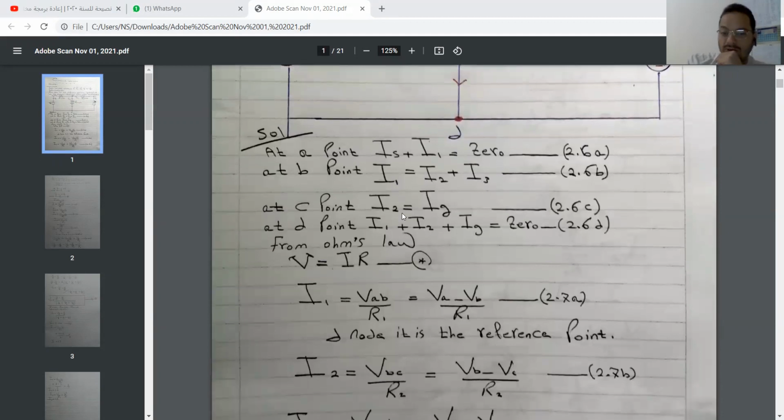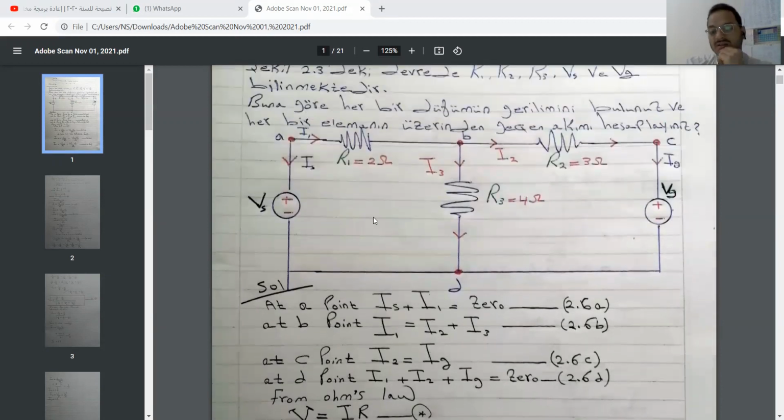By using Ohm's law, let's calculate the equation for all of these currents. Let's start from I1. From Ohm's law, V equals current times resistance. That means the current here equals the potential difference between A and B divided by R1: I1 equals VA minus VB divided by R1.